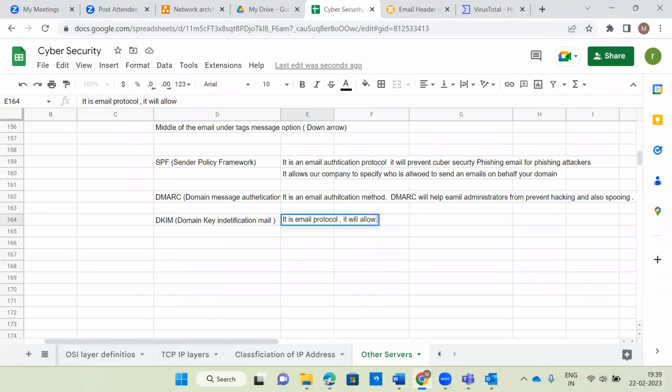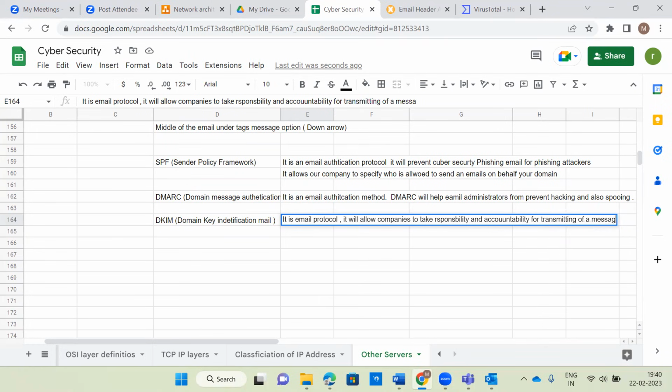It will allow companies to take responsibility as well as accountability for transmitting a message by signing a certificate.